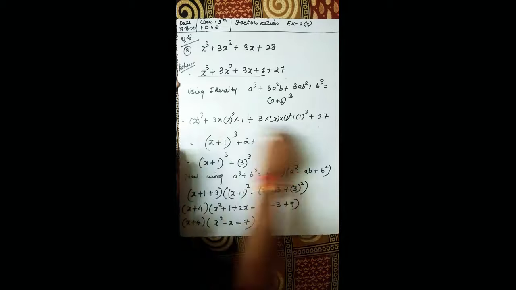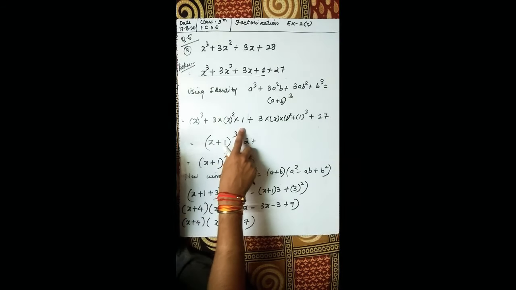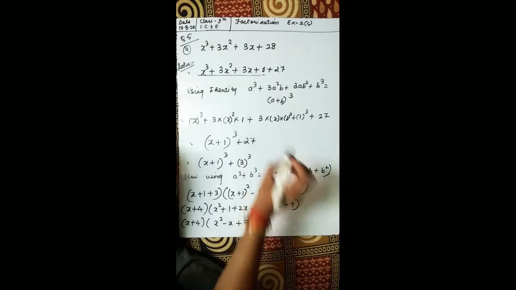So in place of this whole, we can write x plus 1 the whole cube plus 27.